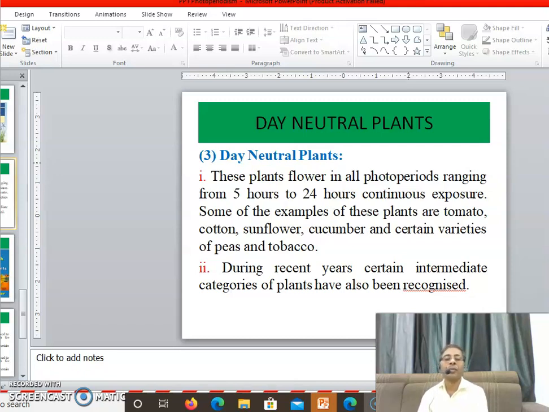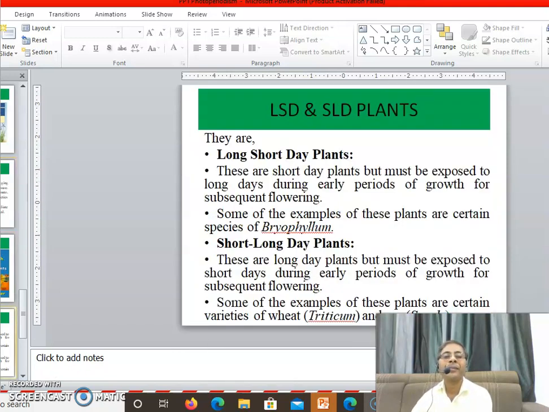During recent years, certain intermediate categories of plants have also been recognized. They are long short day plants and short long day plants. What is meant by long short day plants?